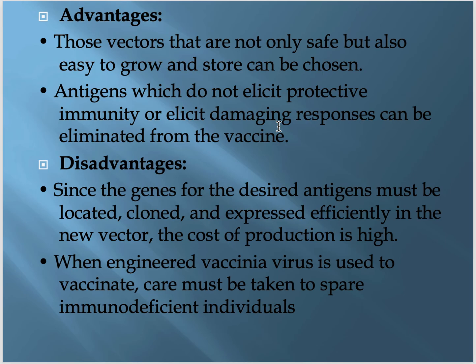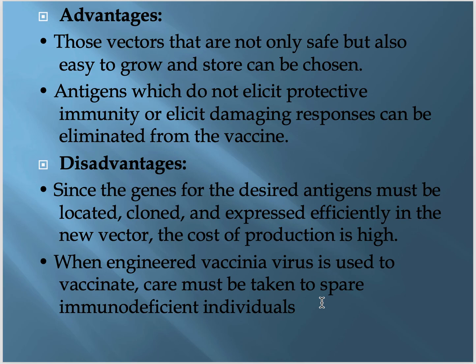So the antigens which are damaging, we can just omit those genes. Then disadvantages. Since the genes for the desired antigens must be located, cloned and expressed efficiently in the new vector, the cost of production is high. And when engineered vaccinia virus is used to vaccinate, care must be taken to spare immunodeficient individuals.